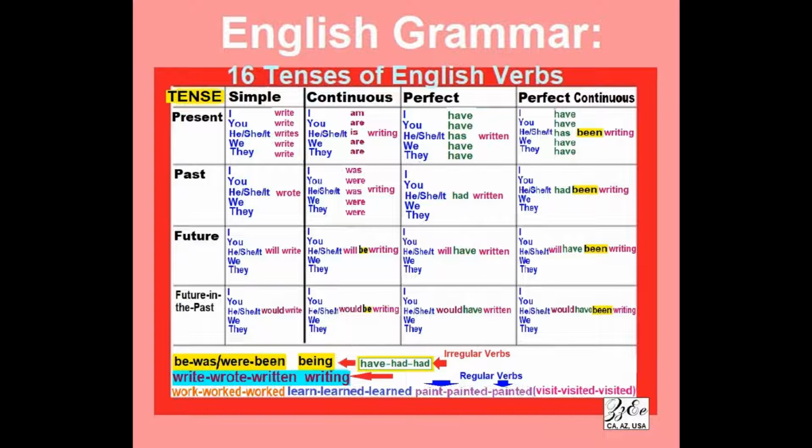If I started with past, I have to continue with the tense which is somehow covered with this pastness, this past feature, which is future in the past. Would. Instead of will, I'm going to use would for future in the past.